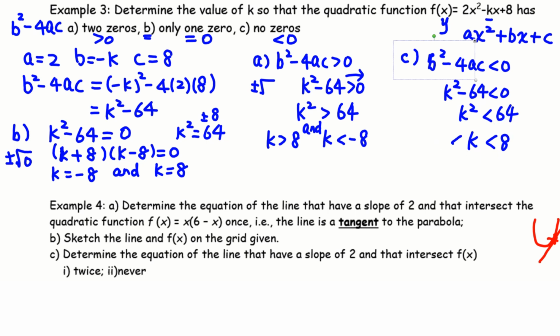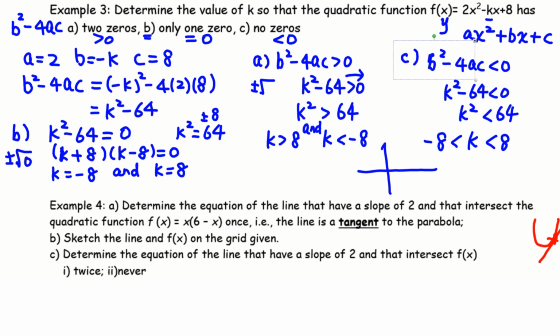And also if k is greater than negative 8, like negative 7, you will have less than 64. So negative 8 to positive 8 will give you k squared minus 64 less than 0. And you will learn further how to find these equations.